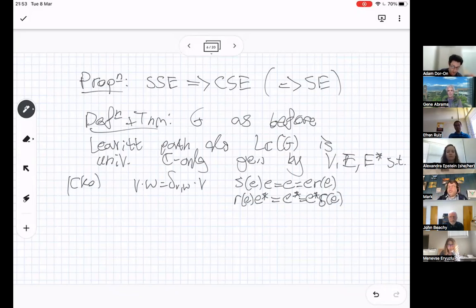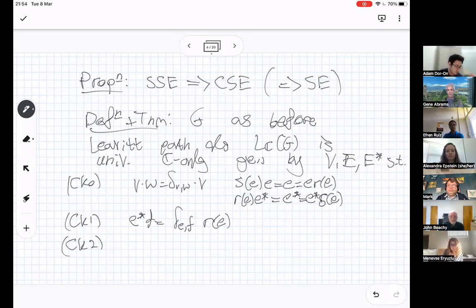And then CK1, which is e star f, is equal to the Kronecker delta of e and f. So it's equal to the range of e if and only if e is equal to f and zero otherwise. And then finally CK2. This is when v is equal to the sum of e e star, where you sum over all edges that begin at v.